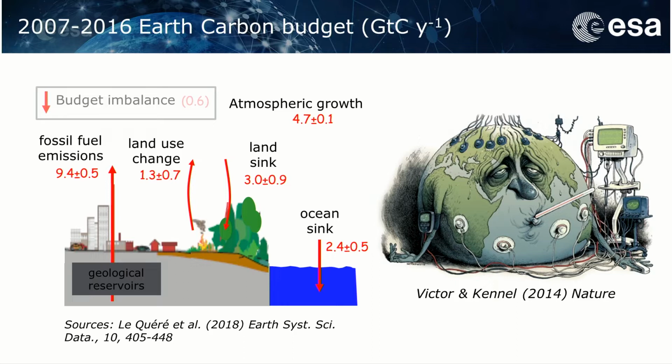And this was a nice illustration from a paper by Victor and Kennel showing graphically how our planet is suffering from this increase in CO2 and how we have to monitor the vital signals of our planet in order to understand how it's changing in response to this increase in CO2 emissions.